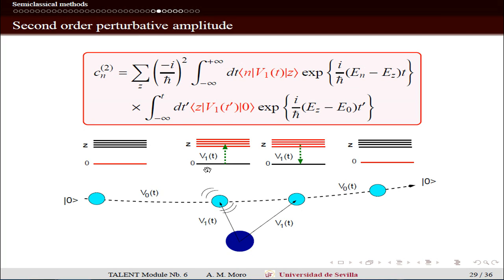So this picture tries to represent that we start with the V naught potential, but at some point of the trajectory, the additional potential V1, the perturbation potential, produces an excitation of the system. It shakes the system, but eventually it acts a second time to bring it back to the ground state. So at the end, we measure elastic scattering.